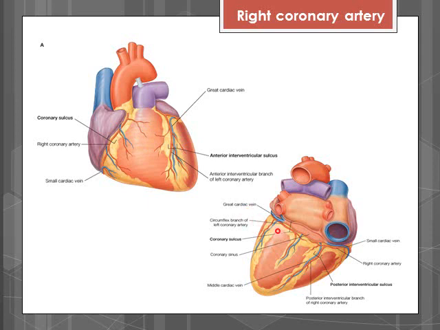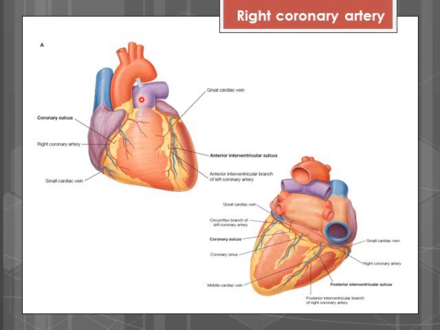From the posterior aspect, this is the coronary groove or the coronary sulcus. This is the left atrium with pulmonary veins. This is the posterior interventricular groove, which separates the right ventricle from the left ventricle.